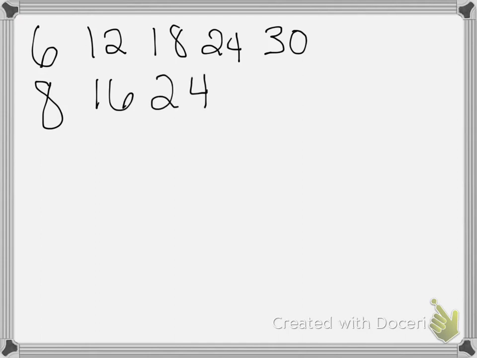So if I'm listing my multiples, 6, 12, 18, 24, 30, 8, 16, 24, 32. So, off the bat, I already have a common multiple of 24.